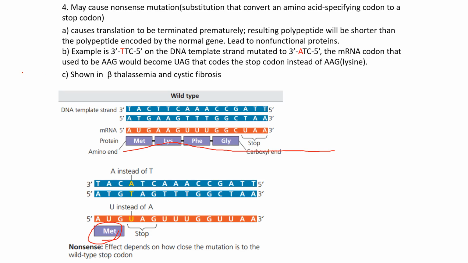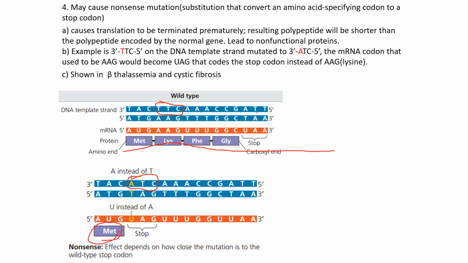So an example is TTC on the DNA template strand. This TTC here mutated to ATC. What happens? The T is substituted with A. So what happened?